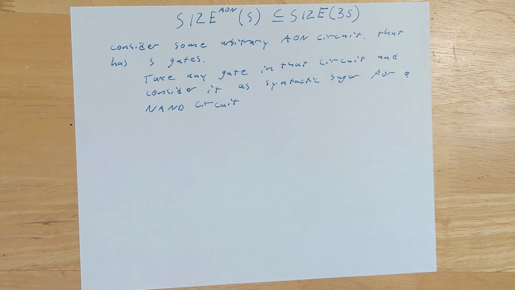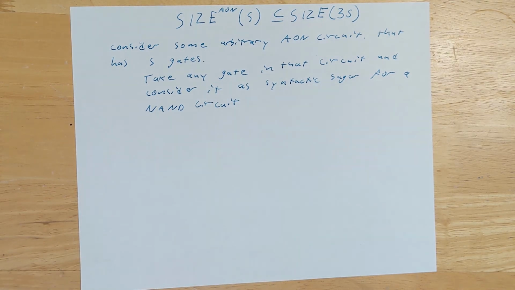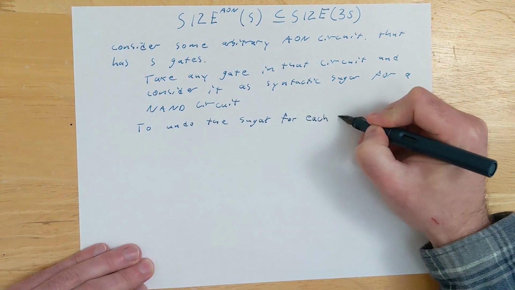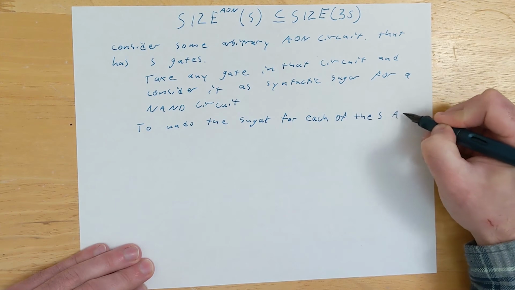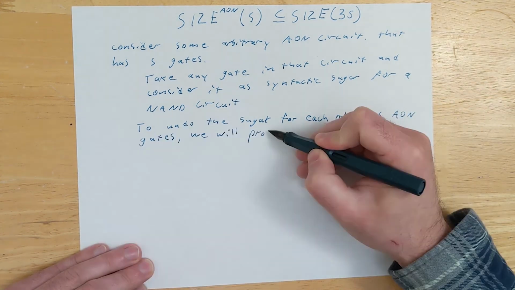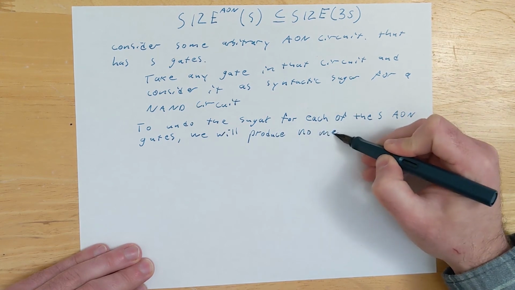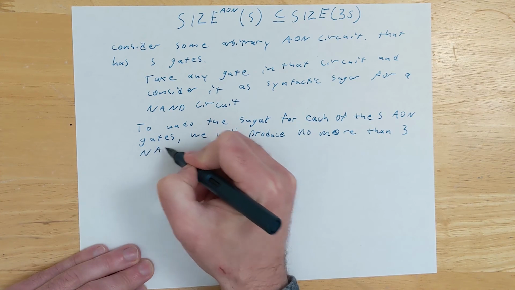So when we undo the sugar from the AND, OR, NOT gate to convert that into a NAND circuit, for each of the S AON gates, we will produce no more than 3 NAND gates.